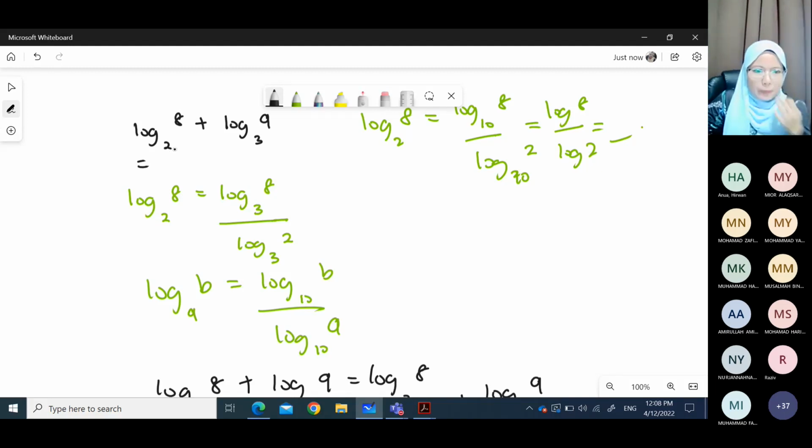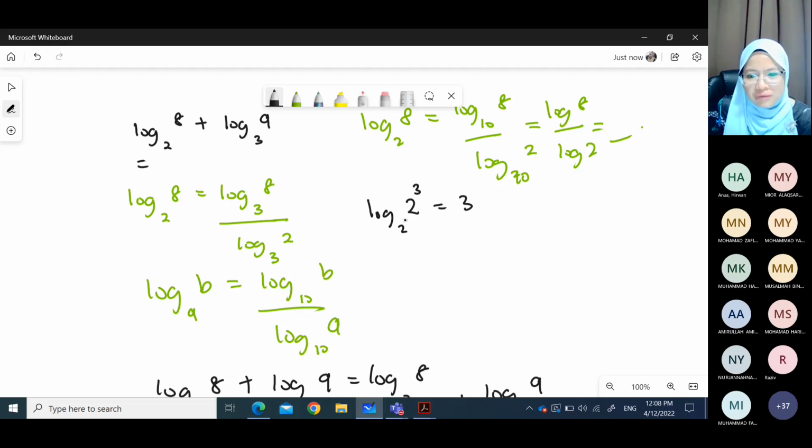So 8 tu kita maybe boleh bagi dia root. So it's like log 2 to the power of... boleh kecilkan ke 8 tu, madam? Boleh. 2 power of 3. Oh, so you akan dapat 3 lah jawapan dia.